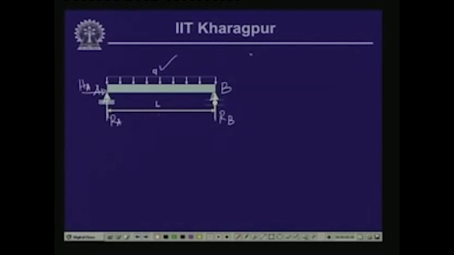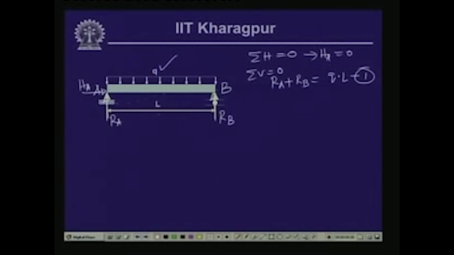Now, again from summation of horizontal forces equal to 0 gives us that H A is equal to 0. Summation of vertical forces equal to 0 will give us that R A plus R B is equal to Q times L, which is the vertical load acting in the opposite direction of R A and R B. Let us call this equation 1.